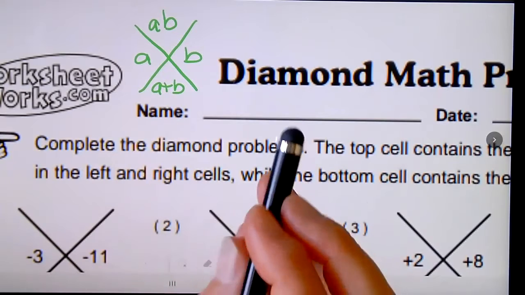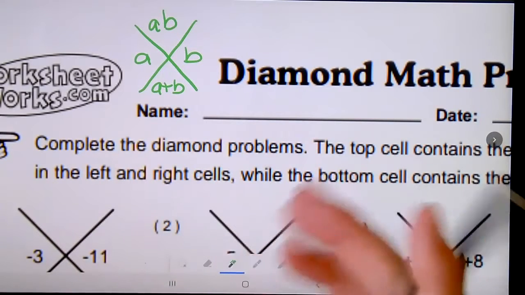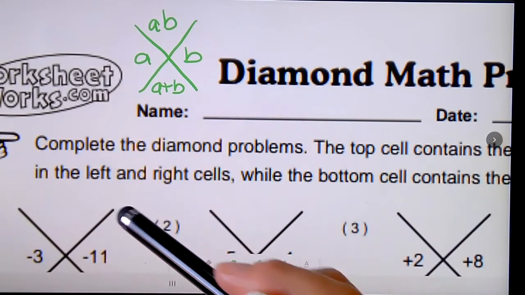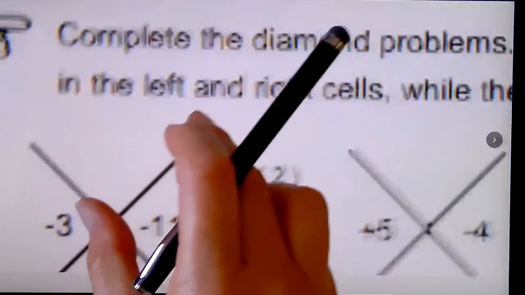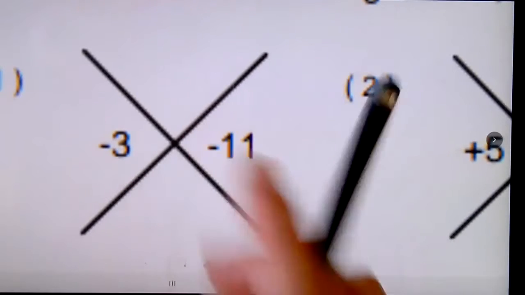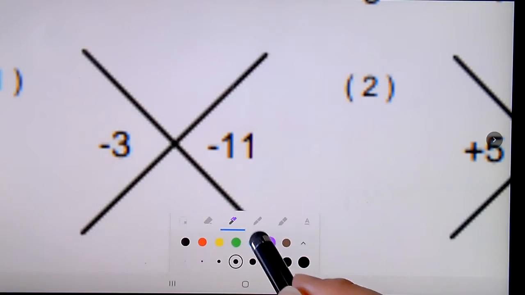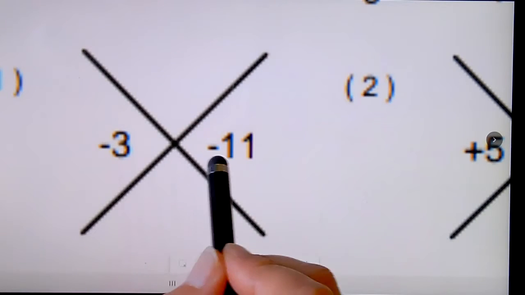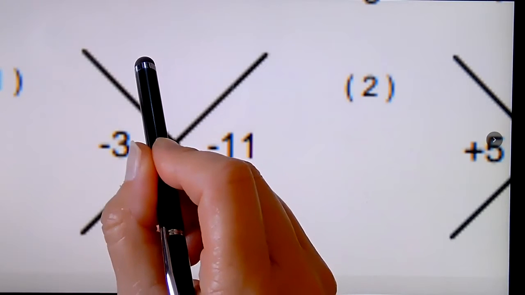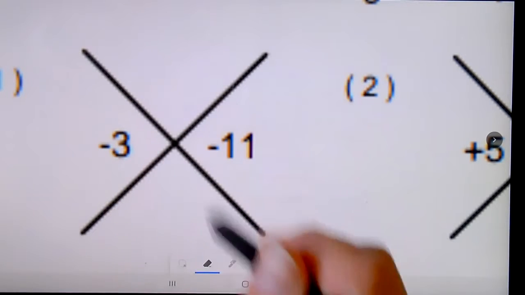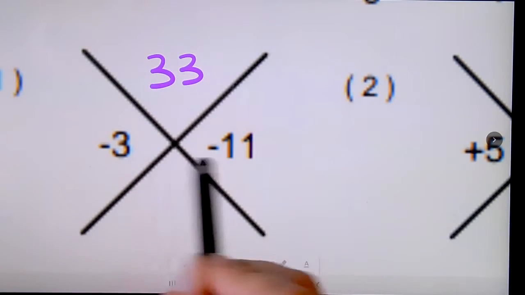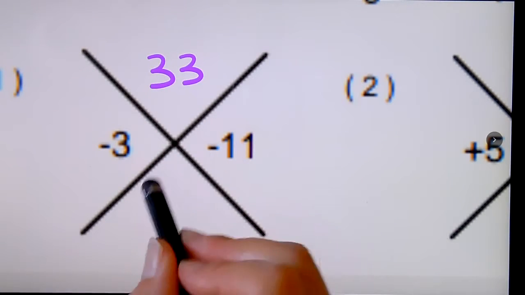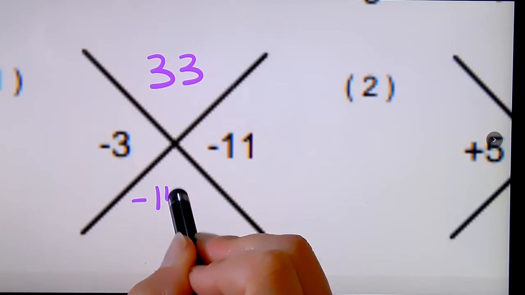So if you're doing this as a video, I'm going to do the first one, and then you can pause, do the rest, and then restart so you can check your answers. Again, we multiply these sides to get the top, so that's positive 33. I'm adding these, and I get a negative 14.